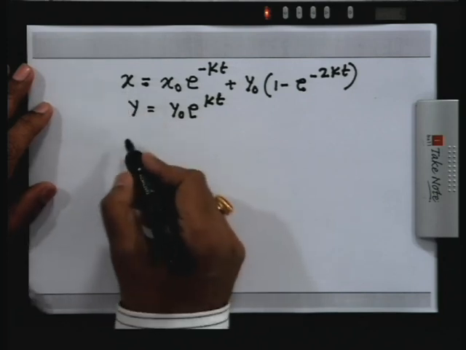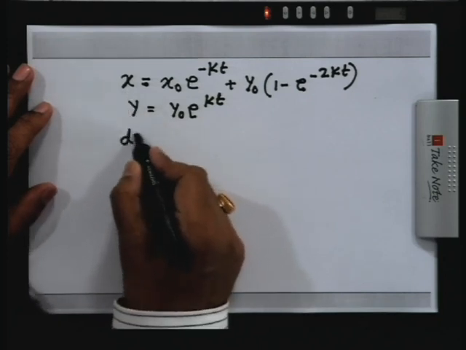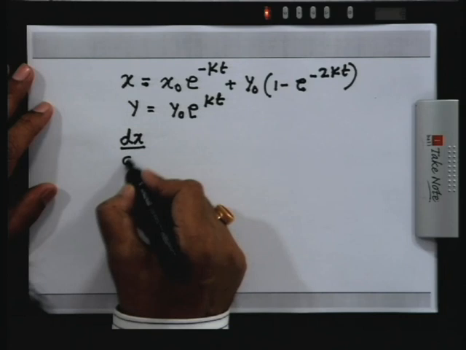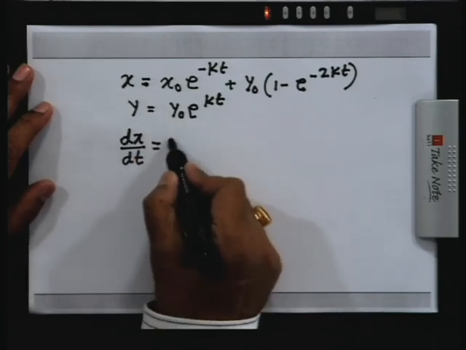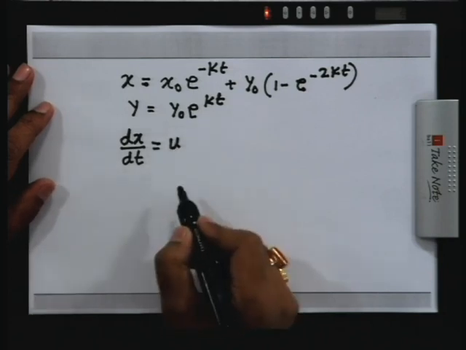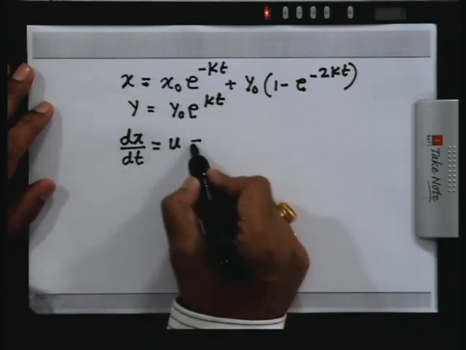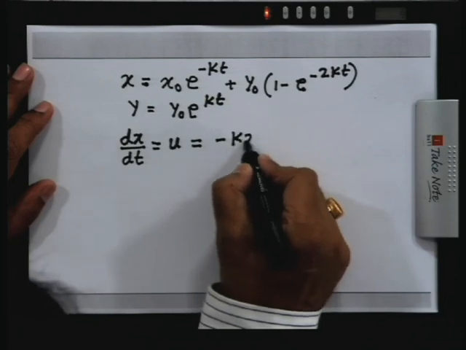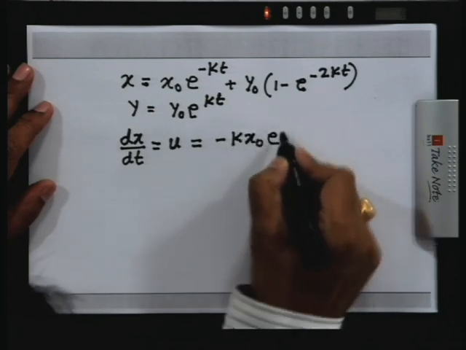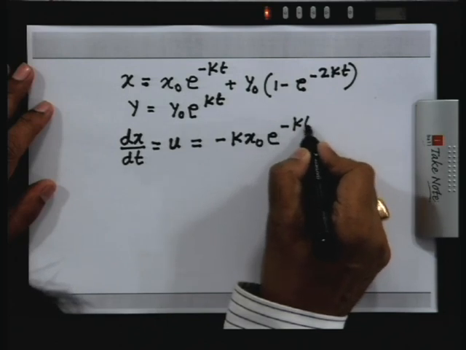Very simple, I told you earlier that the procedure here is that we have to differentiate, that means dx/dt. In the Eulerian approach we have to express the velocity in terms of x and t. First of all, let me see what happens. Differentiating this directly gives minus kx0 e to the power minus kt.